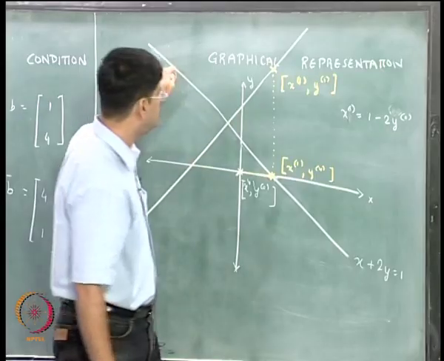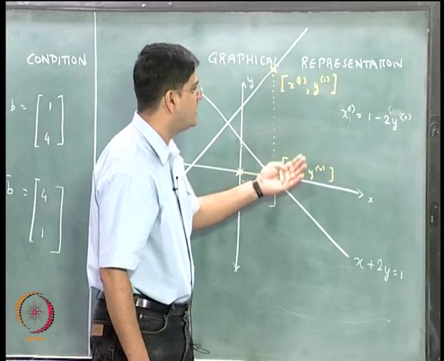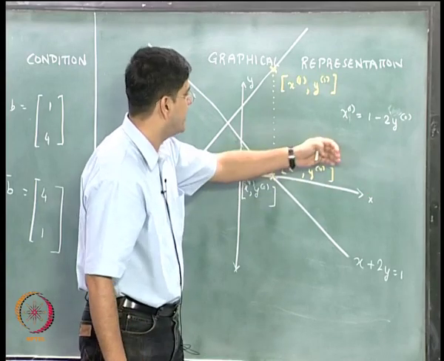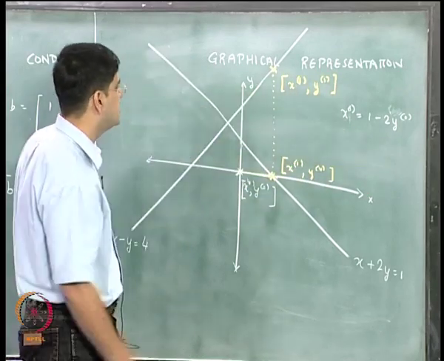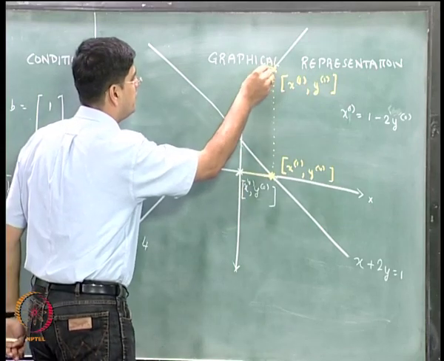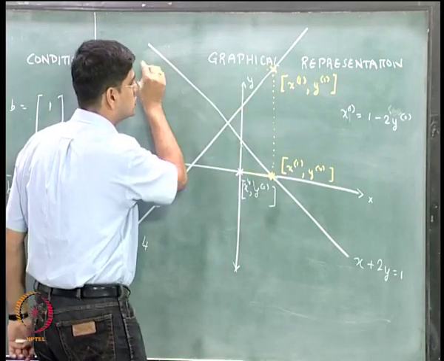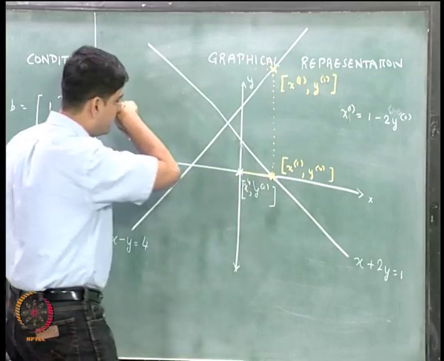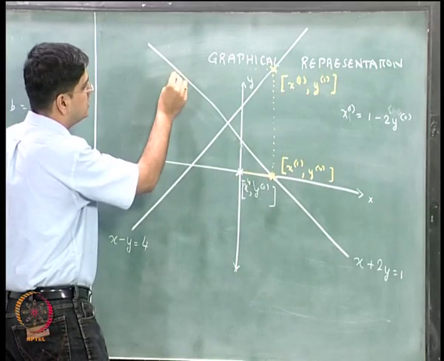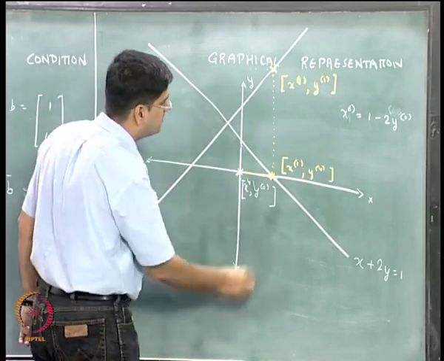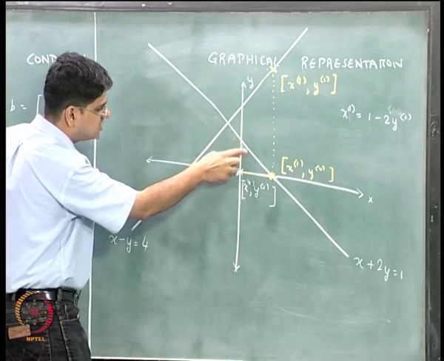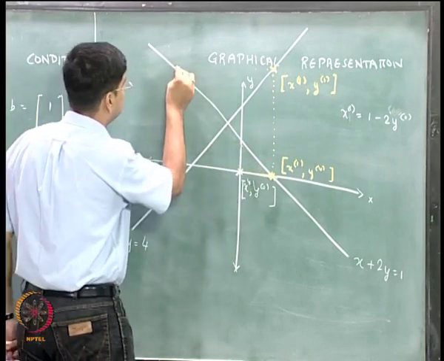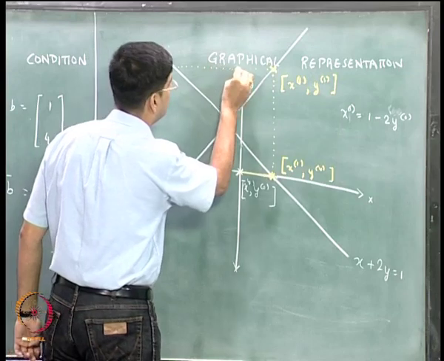We use this particular equation to get x2. We keep the same value of y1 and go along this horizontal line, and the point where that horizontal line intersects this particular line is where we get the value of x2.